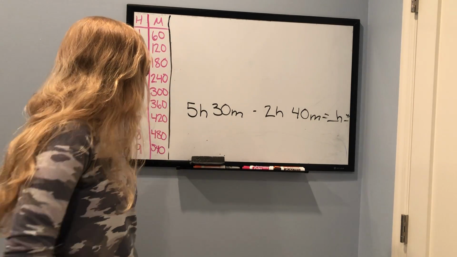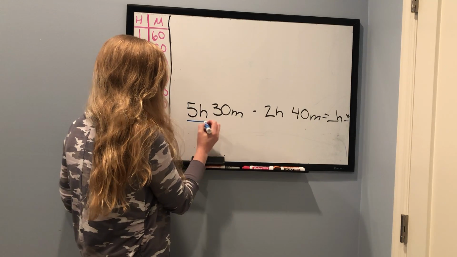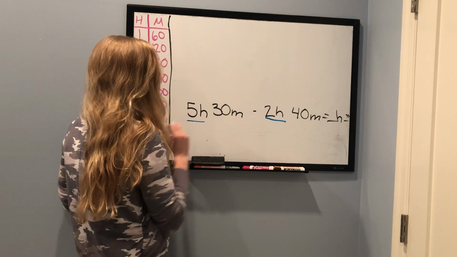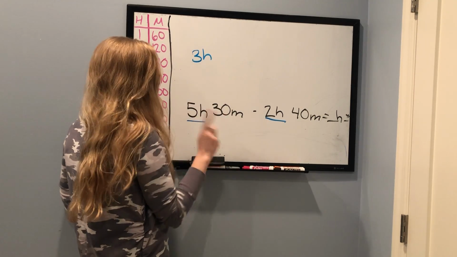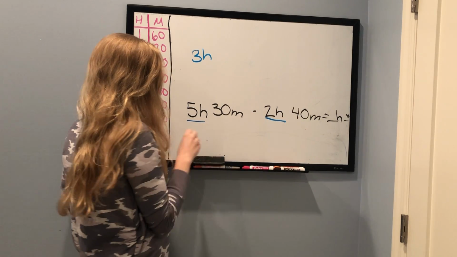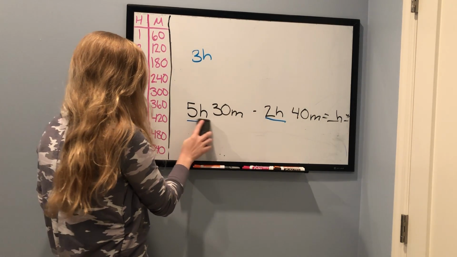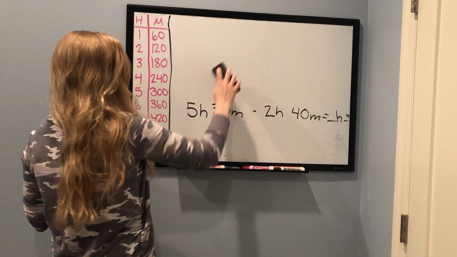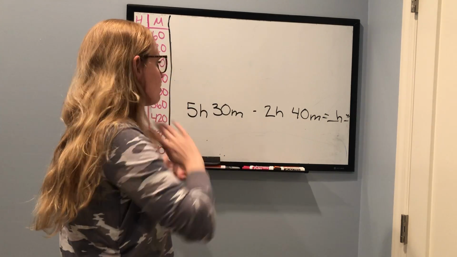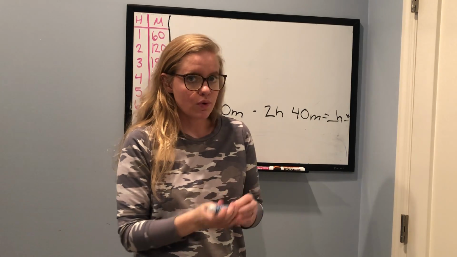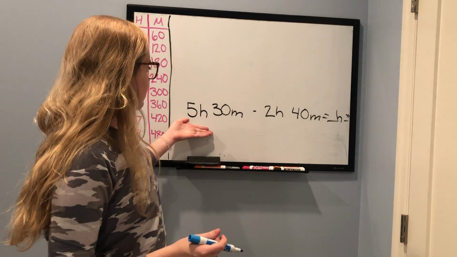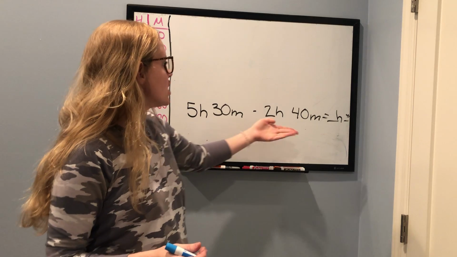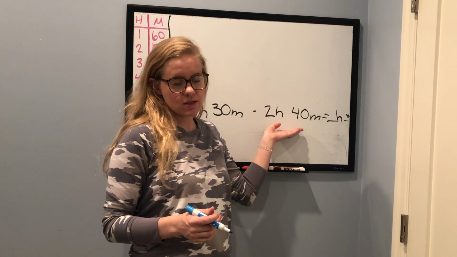You can subtract 2 hours from 5 hours, right? You get 3 hours. But you can't subtract 40 minutes from 30 minutes because it would be negative 10. And we don't do negative numbers, not yet, not in 3rd grade. So remember, we're really looking for the difference between 5 hours, 30 minutes and 2 hours, 40 minutes.